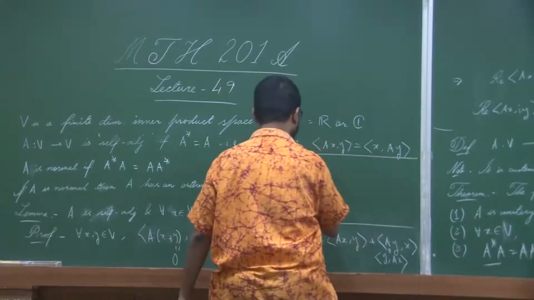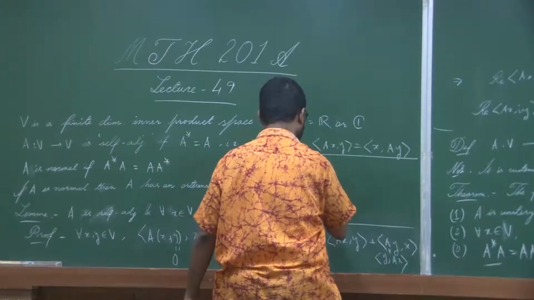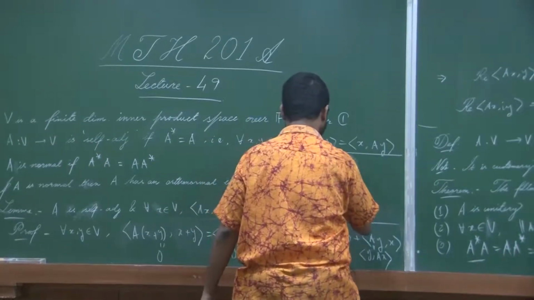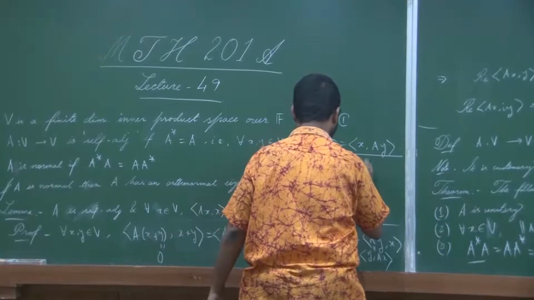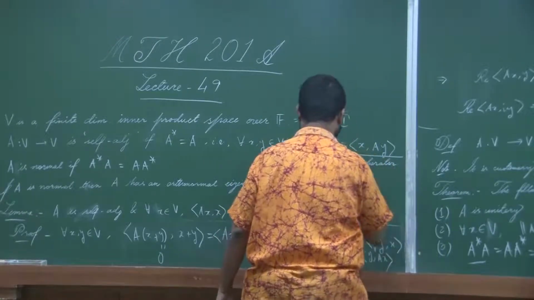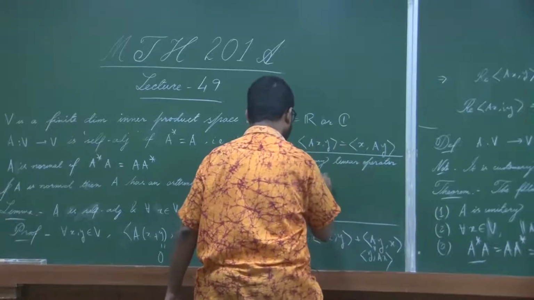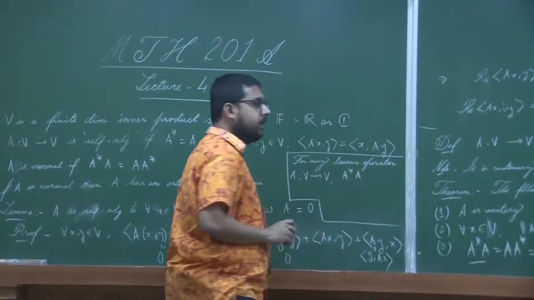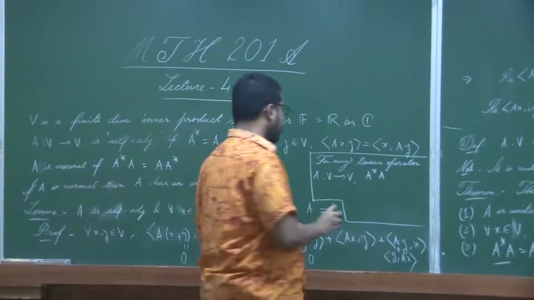For any linear operator A from V to V, A may not be self adjoint, however, A star A is always self adjoint.